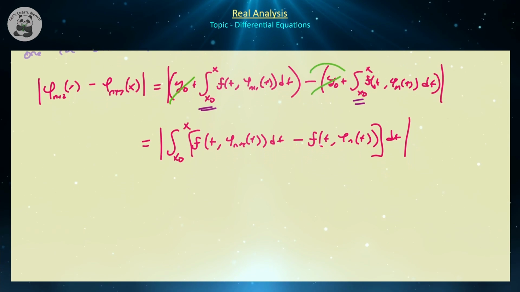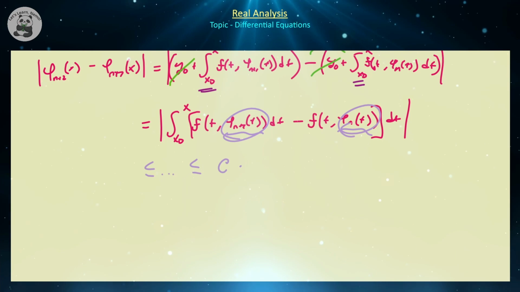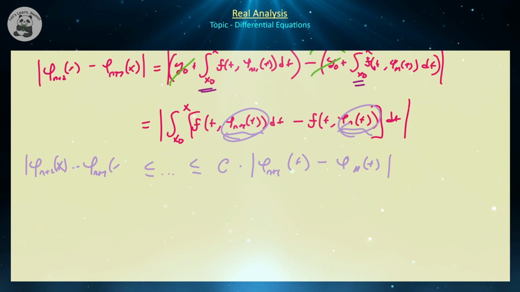So using the properties of continuity and Lipschitz continuity, after some nice integral tricks as well, you should be able to show that this is going to be less than or equal to our number c, which is between 0 and 1, times the difference between these elements here, which is going to be equal to phi m plus 1 of t minus phi n of t. And that's going to give you phi m plus 2 of x minus phi m plus 1 of x.